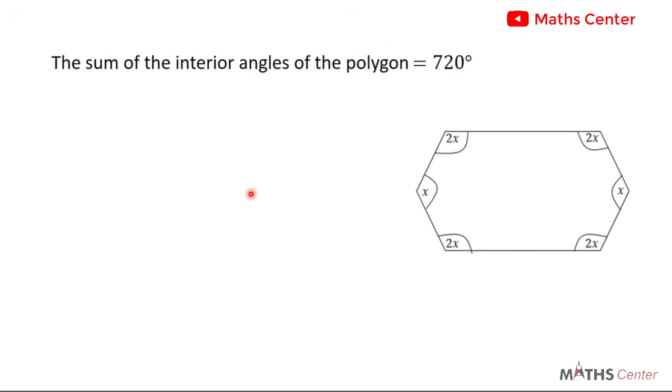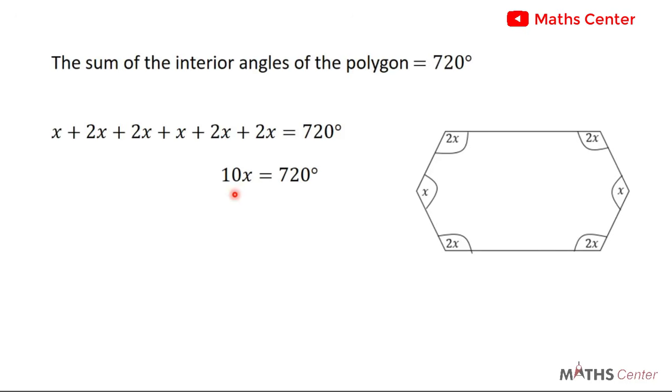Because of this, we can say that s plus 2s plus 2s plus s plus 2s plus 2s is 720 degrees. Okay, so we add everything here. We are getting 10s, and that will give us 720 degrees. We divide both sides by 10, and s gives us 72 degrees.